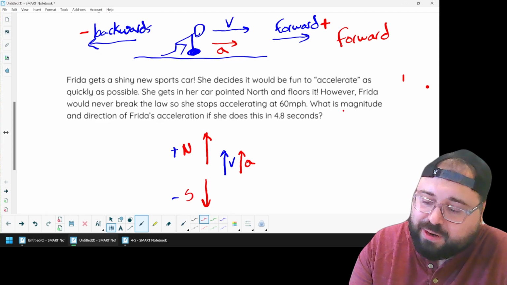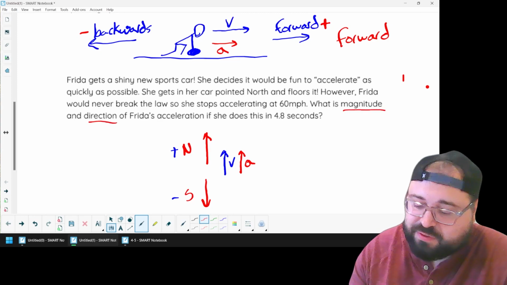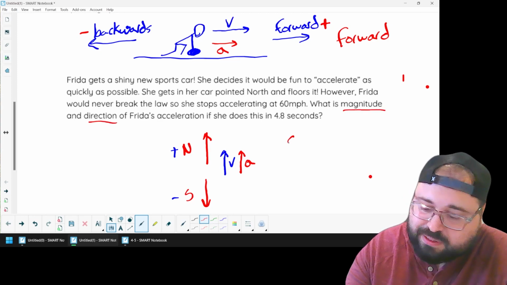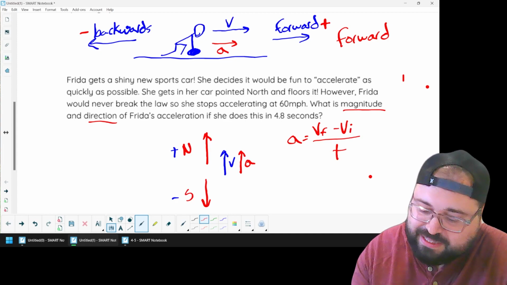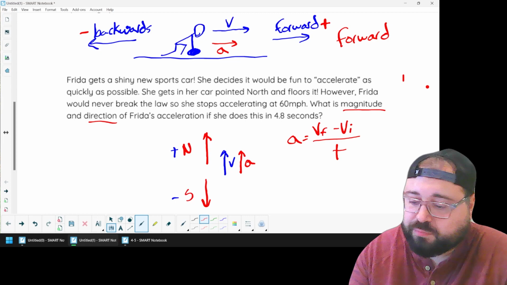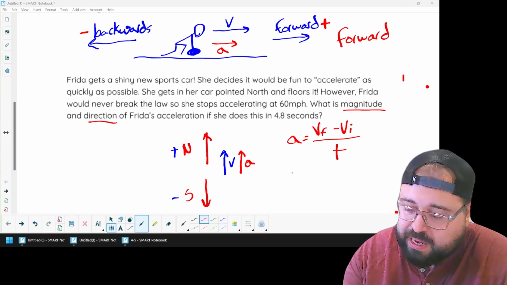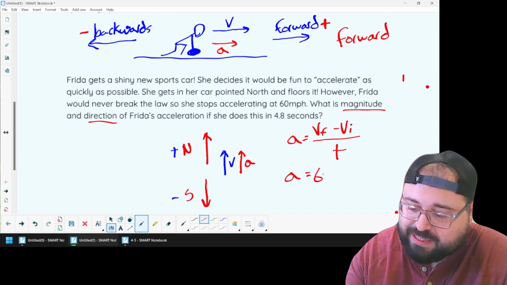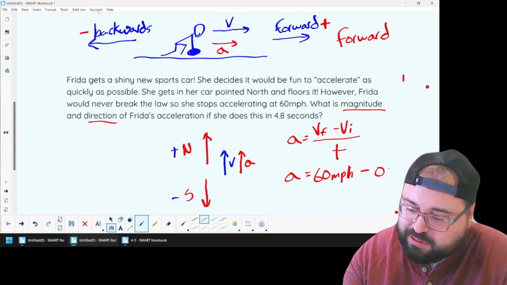So we're also asked for the magnitude and direction of Frida's acceleration. So let's calculate it. a equals final velocity minus initial velocity over time. We're going to go through that same process we were going through in the problem before. In this case, Frida's final velocity is 60 miles per hour, and we know that Frida starts from rest.